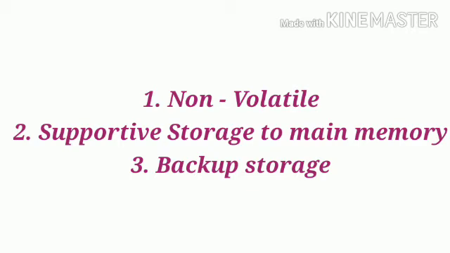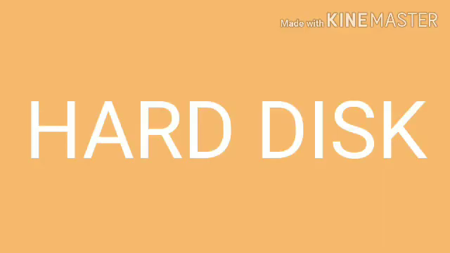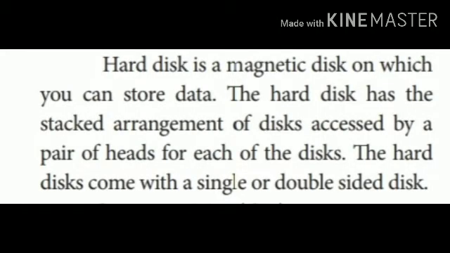Okay, it is non-volatile in nature and also permanently stores the data. Examples of secondary storage devices are hard disk, CD, DVD, pen drive, Blu-ray disc. These are all examples of secondary storage devices.